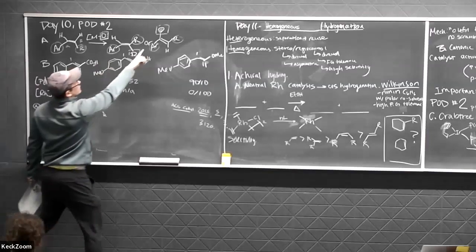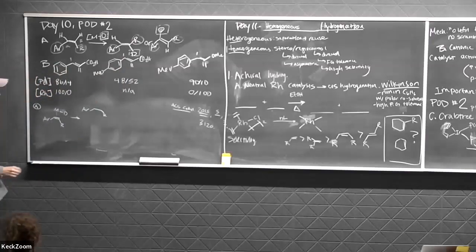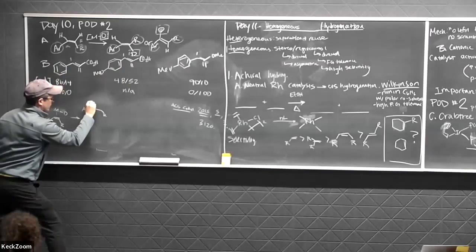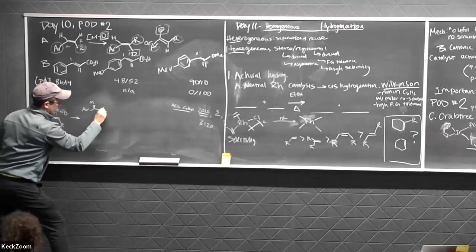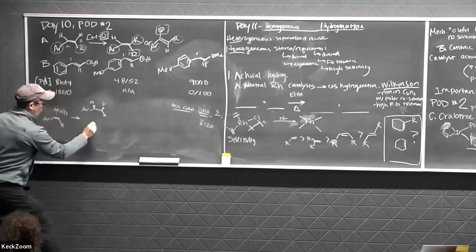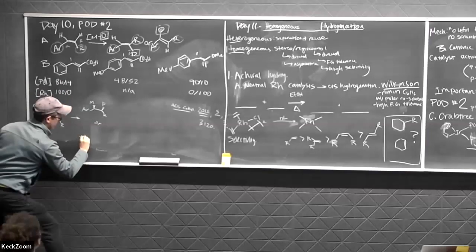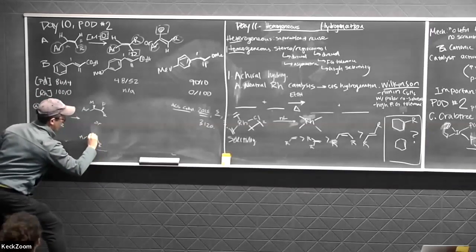So the D can go either way. Okay, great. And here we're going to take some care to draw the relative stereochemistry, because this will be important. Repeating here what you're telling me.